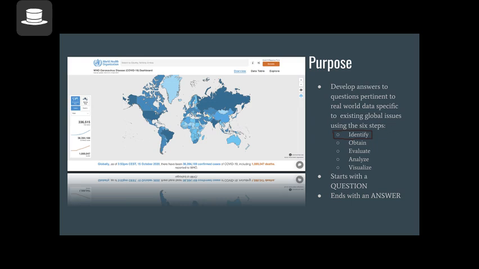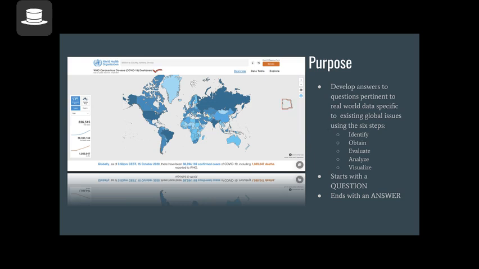So the first step is, once you have a question, you identify the data sets by searching for them, using different ways of searching. And once you identify the data sets, then you select the most important ones. For instance, if you have a question about COVID-19, most probably one of your important sources of data sets would be the World Health Organization.